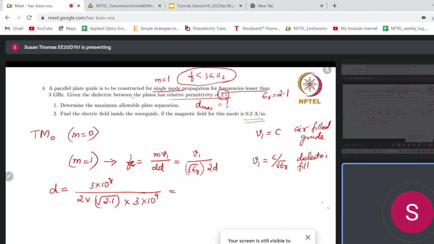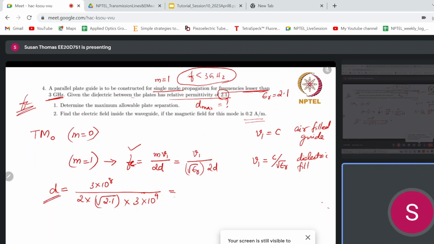Please understand that Fc is the cutoff frequency, and we want single mode propagation for frequencies less than 3 gigahertz. So make this the Fc. Then what is the maximum allowable plate separation?